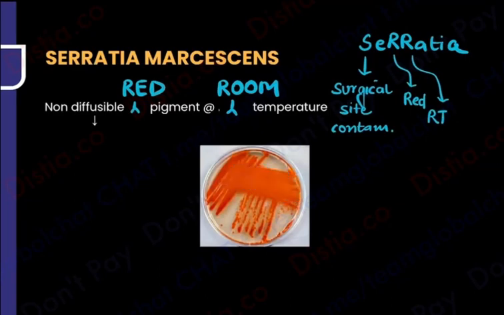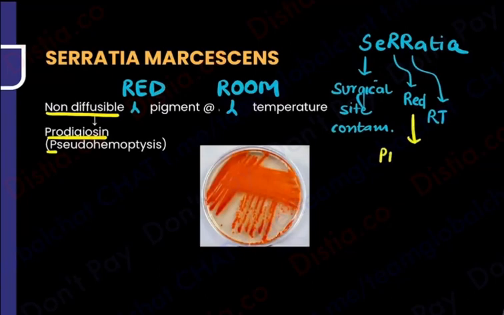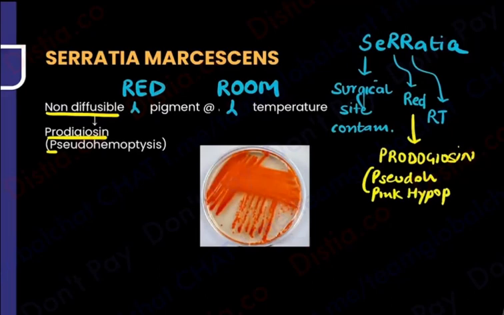Only where the organism is. Has the entire slide become red? No. So what kind of a pigment is it? It is a non-diffusible pigment known as prodigiosin. So whatever causes pseudohemoptysis, that is going to be prodigiosin. Remember, this red color pigment is responsible for all pink color things: pseudohemoptysis, pink hypopyon. These are the things that you should be knowing.